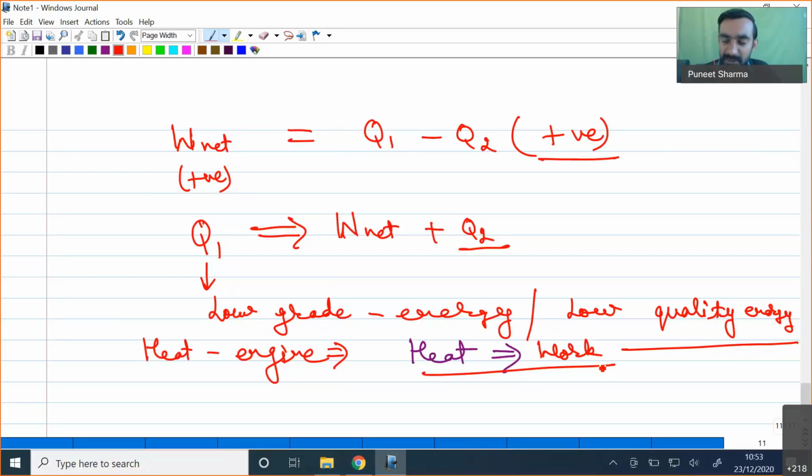The high pressure steam is expanded over the turbine, where we get some work in terms of shaft work, and that work is converted into electricity with the help of a generator. In coal based thermal power plants, combustion of coal and air gives us energy in the form of heat, and by using a mechanical arrangement we convert that heat energy into work output. That's why a steam power plant is a heat engine.